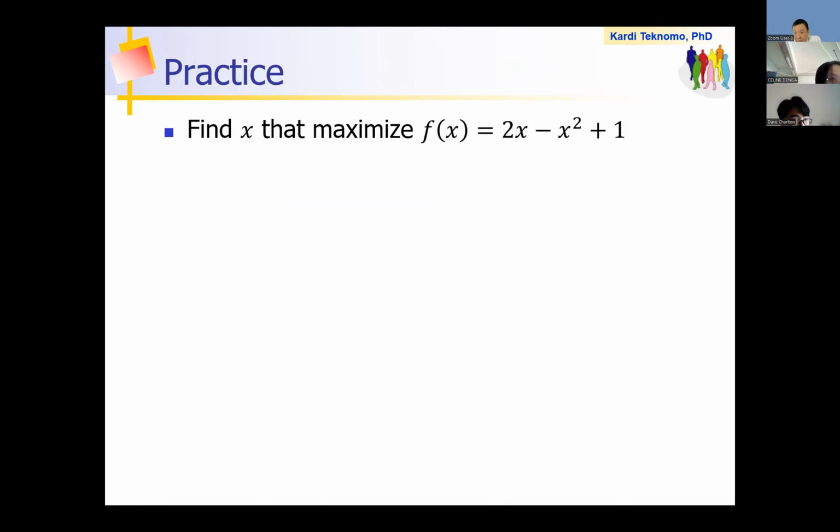No, you need to take the first derivative, and then equate it to 0. If you find unconstrained optimization, what you need to do is take the first derivative. So who can do the first derivative of this?